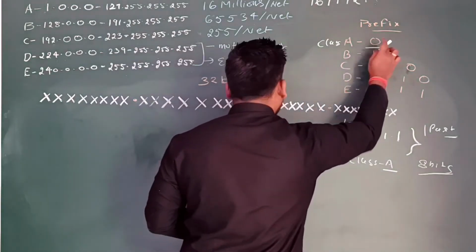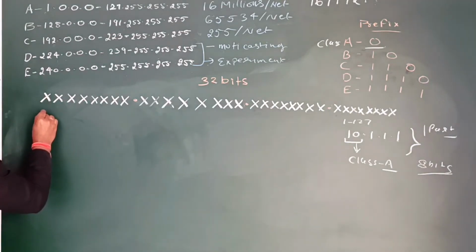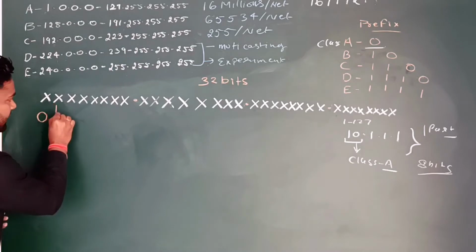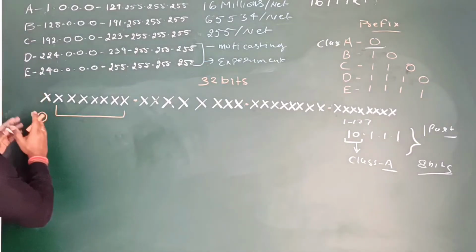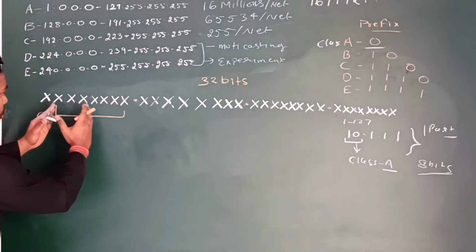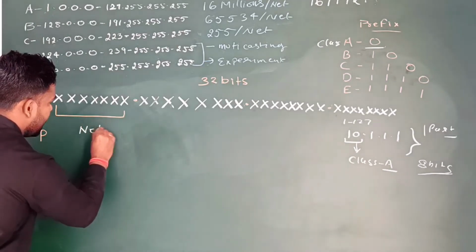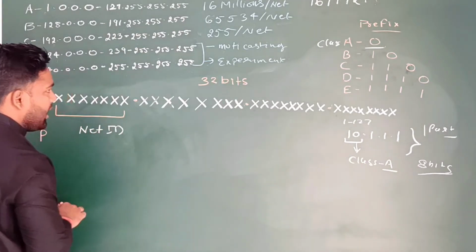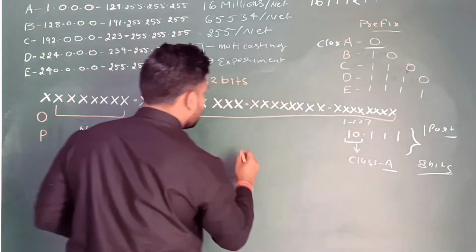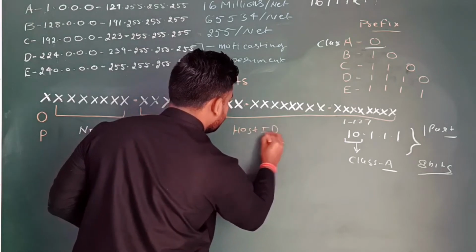Now 0 will be added at the very front of the 32 bits. All the remaining bits after the first bit, because the first bit is reserved for the prefix, those 7 bits will be considered as the network ID, and all the remaining bits will be considered as the host ID.